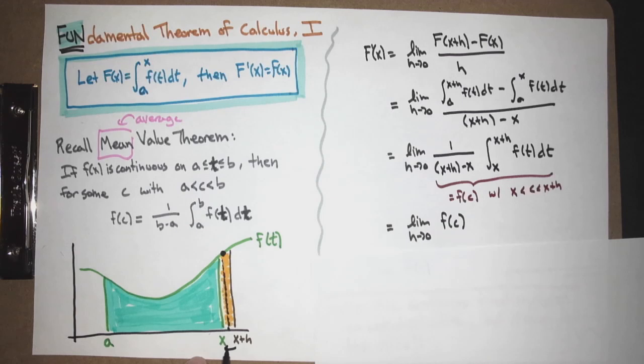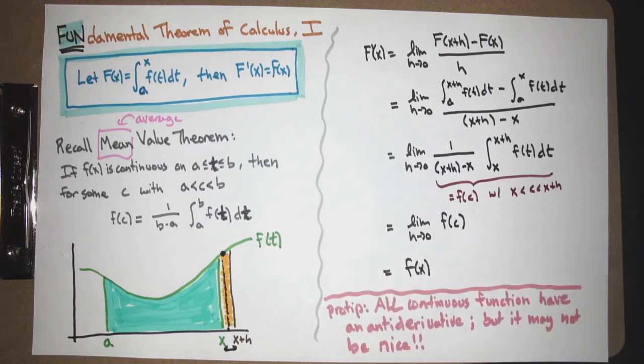So if these two are coming together and C is in the middle, where is C going to end up? It's going to end up at x. It's going to be squished like grapes. So you get f of x. And that's the argument. That's it.